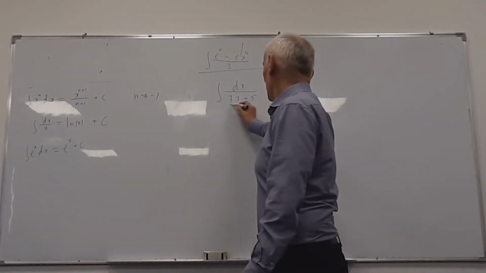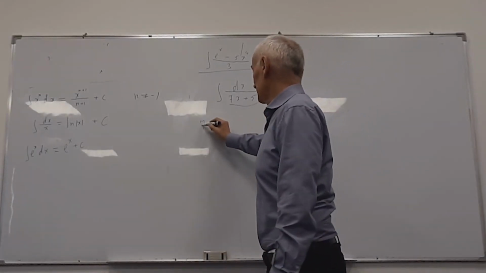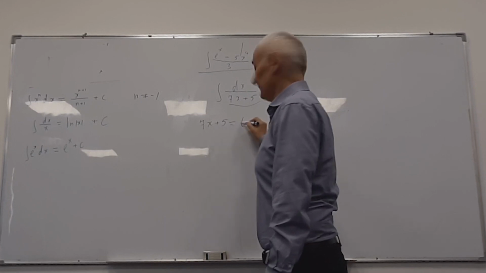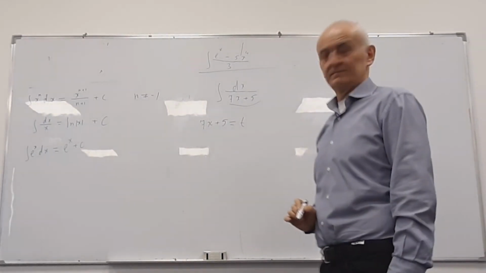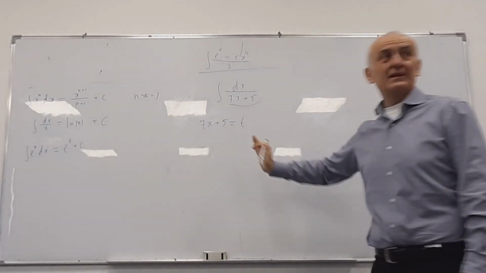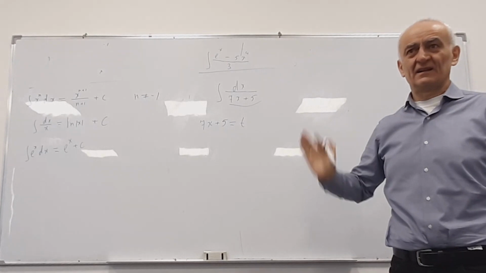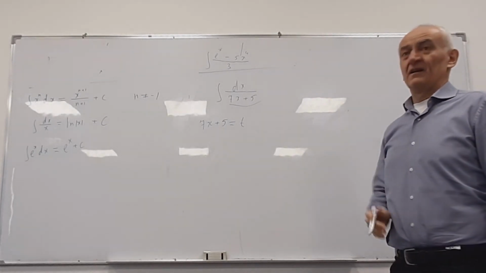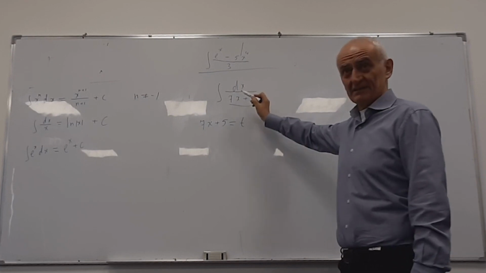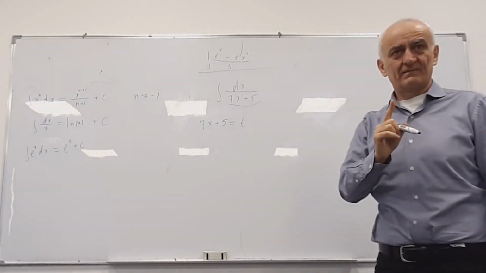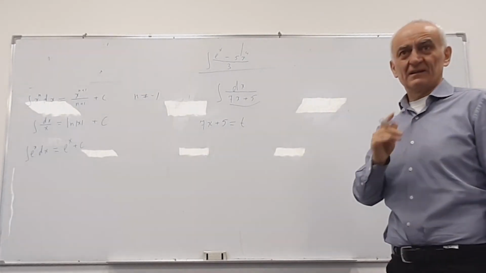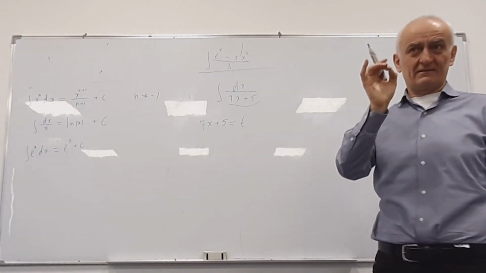And how? We can denote 7x plus 5 as t. So we know 7x plus 5, it's t. Now what we need now? We need to find dx. And to find dx, we have again two ways.